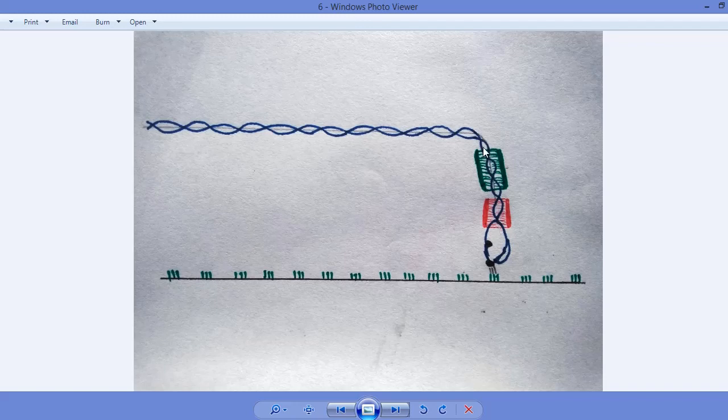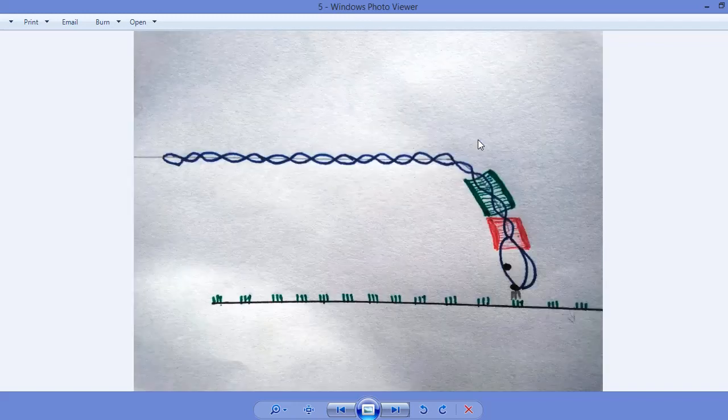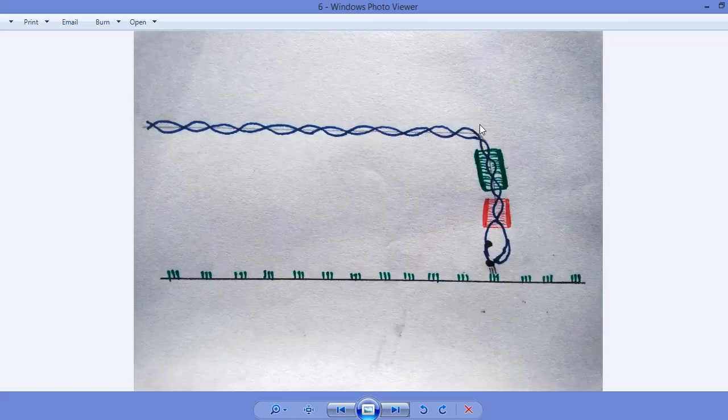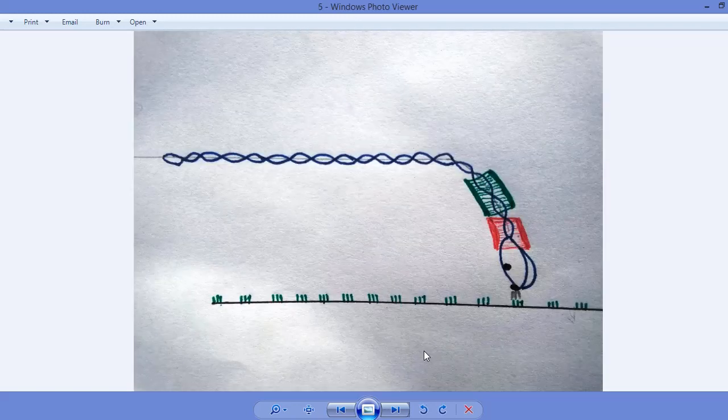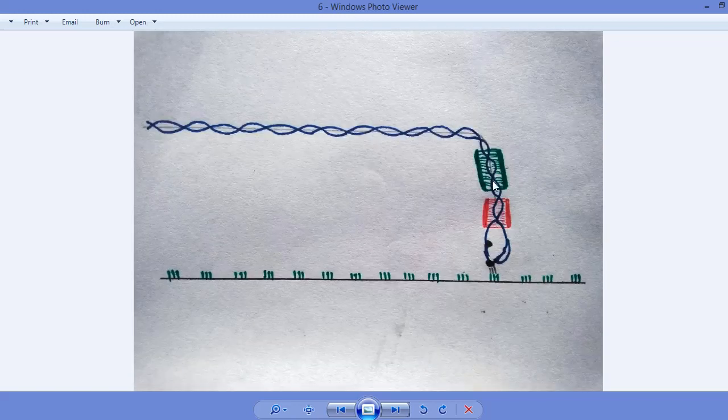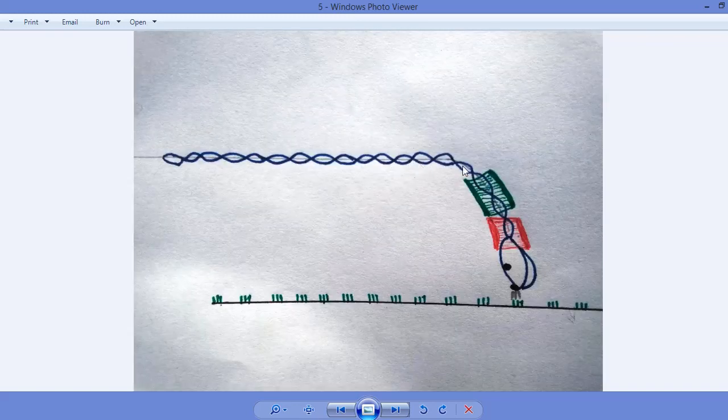You can see over here that the angle is completely changed. This angle, the angle of the tail and the angle of the arm. And over here you can see that the angle of the arm and the angle of the tail is completely changed.